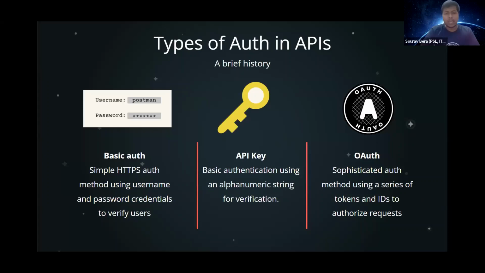If anyone can hack into the system and get our passwords, they can use the API for malpractices or abuse the API, isn't it? So a better option for this is API key. And another option is OAuth. We'll discuss API key and OAuth in detail in this session.